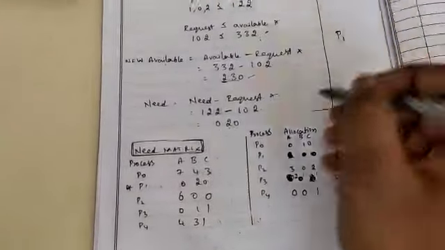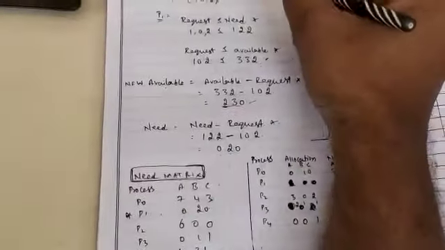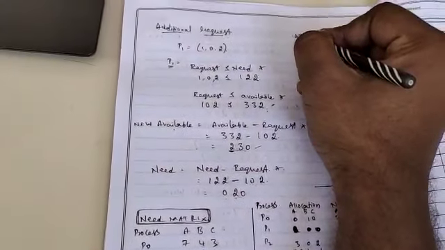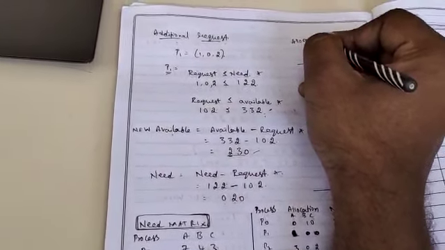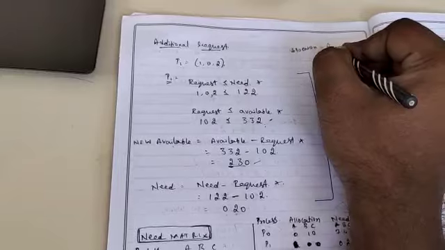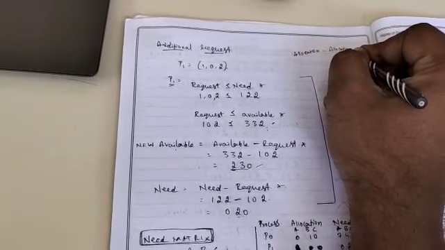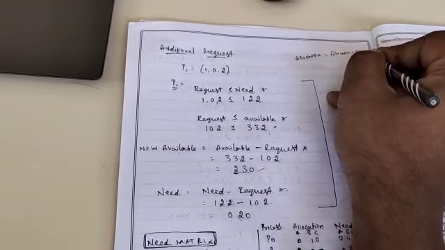For identifying the allocation of the P1 process, allocation equals allocation plus request.